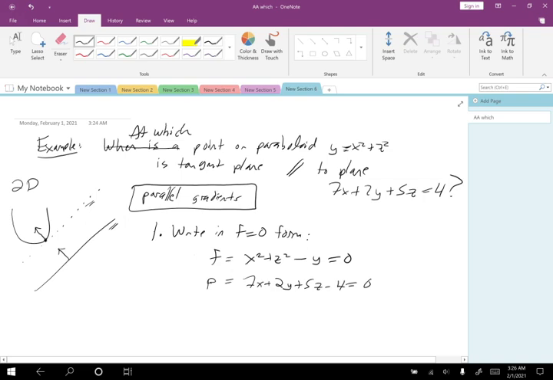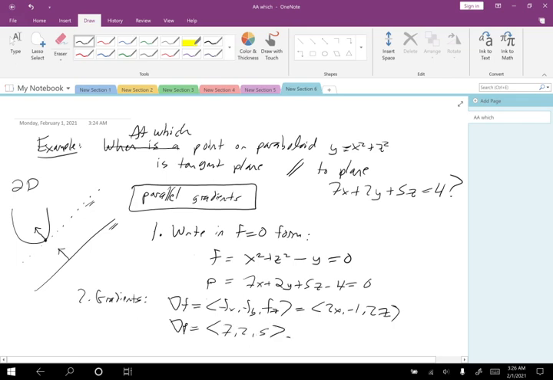Now we take the gradients. Gradient f is fx, fy, fz. So this is just 2x, negative 1, 2z. Gradient p, the gradient of that plane, that's 7, 2, 5. So now, we just need the parallel.